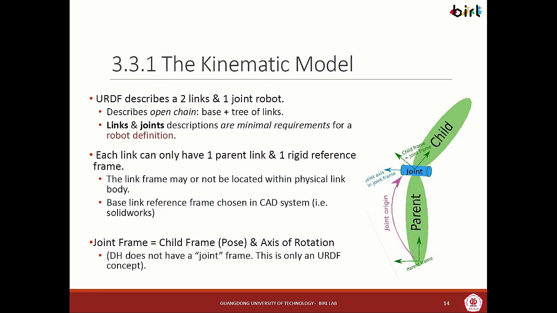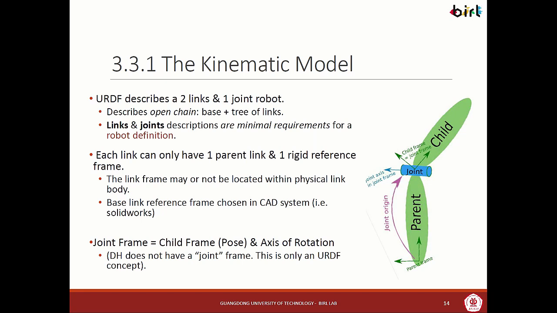So first we say we have a reference frame here. One reference frame. For this link, it's here. For this link, it's here. We say that it's rigid because, let's say that the reference frame is here. When the arm rotates, this link doesn't move. It stays here. It doesn't fly somewhere else. So it's rigid. Now, pay attention. The link frame may or may not be located within the physical link body.